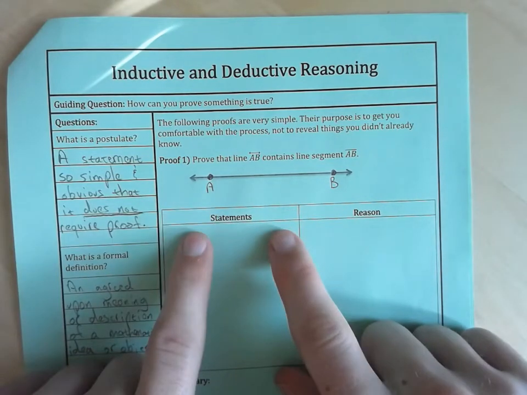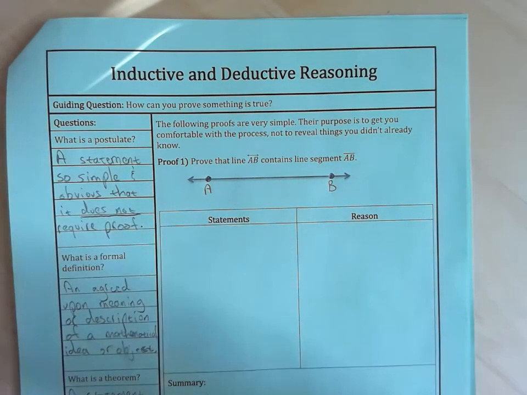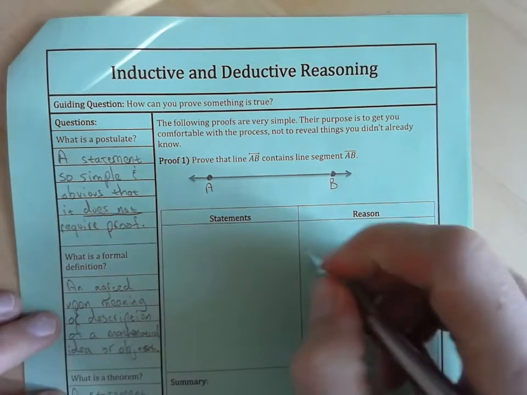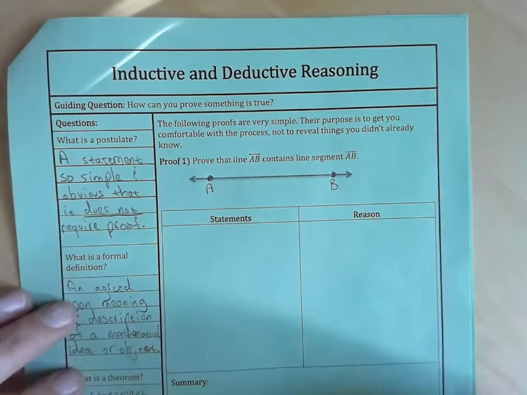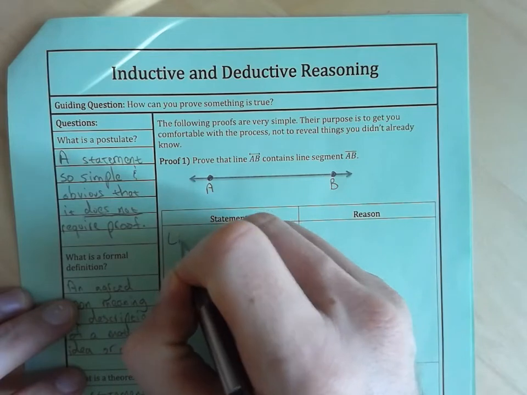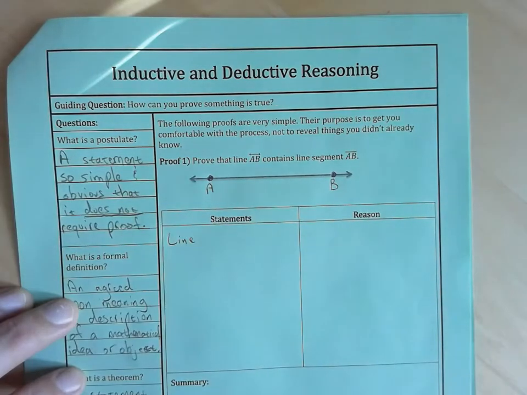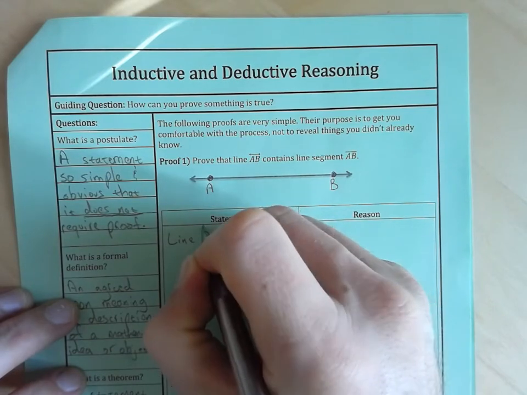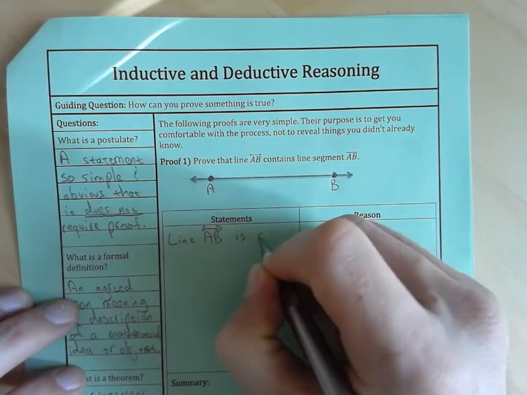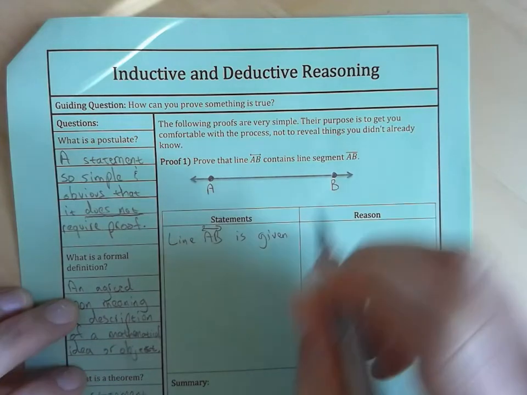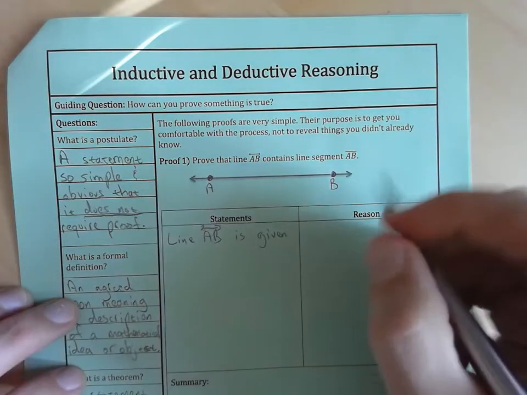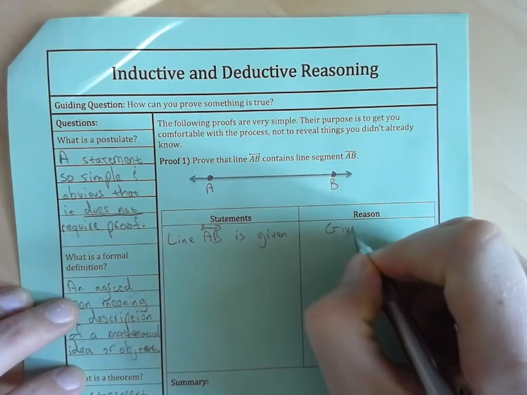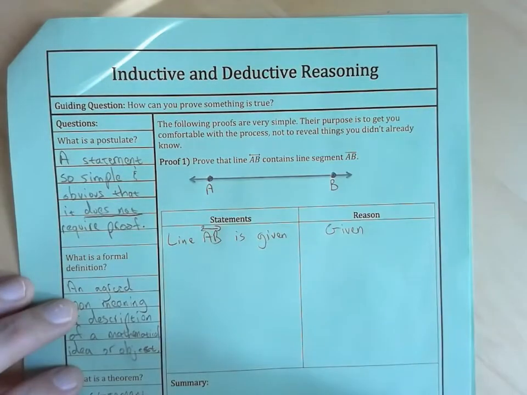But to prove it, we have to go through a formal reasoning process. And proofs almost always start with our given information. So we say line AB is given. And I've kind of combined it here. Line AB, reason, it's our given. It's right there in the picture. That's what we're starting with.